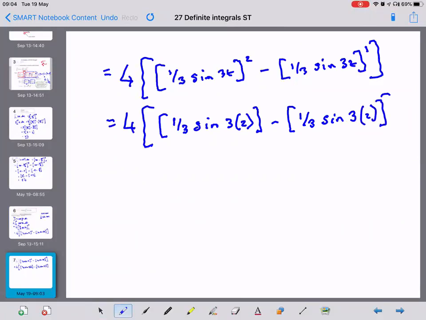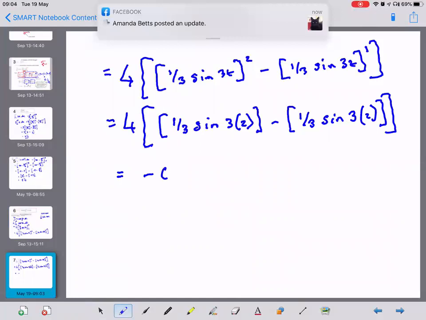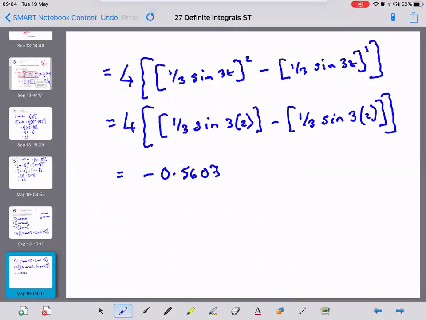Close the brackets, close the outside brackets. And if you're evaluating that in your calculator, you should get, just check it, minus 0.5607.